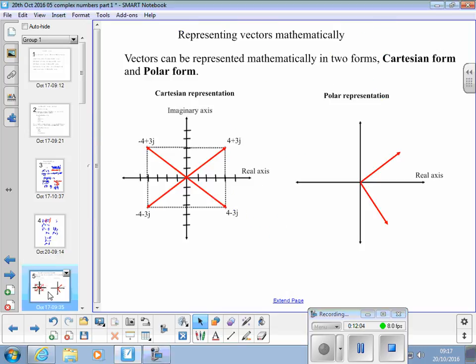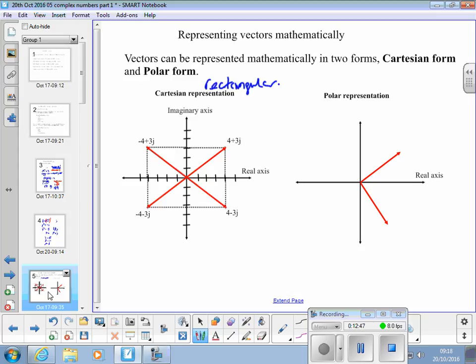So, representing vectors mathematically, this is what we're really interested in as engineers. How can we represent these quantities that have both a size and a direction? They can be presented mathematically in two forms. In Cartesian or rectangular form, I'm going to write that on there, we have an imaginary axis and a real axis.